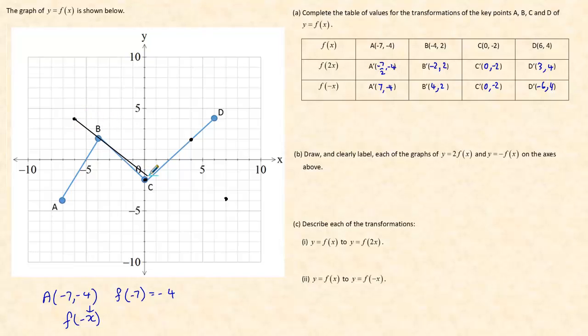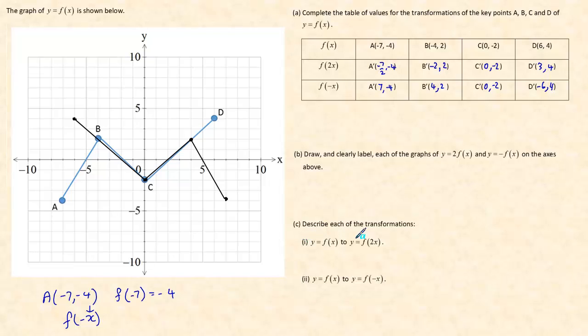So if we draw that one, now what you should be able to see for the black one is that it's actually a reflection of the blue one in the y-axis. Look at the symmetry here. So this one gives us a reflection in the y-axis.